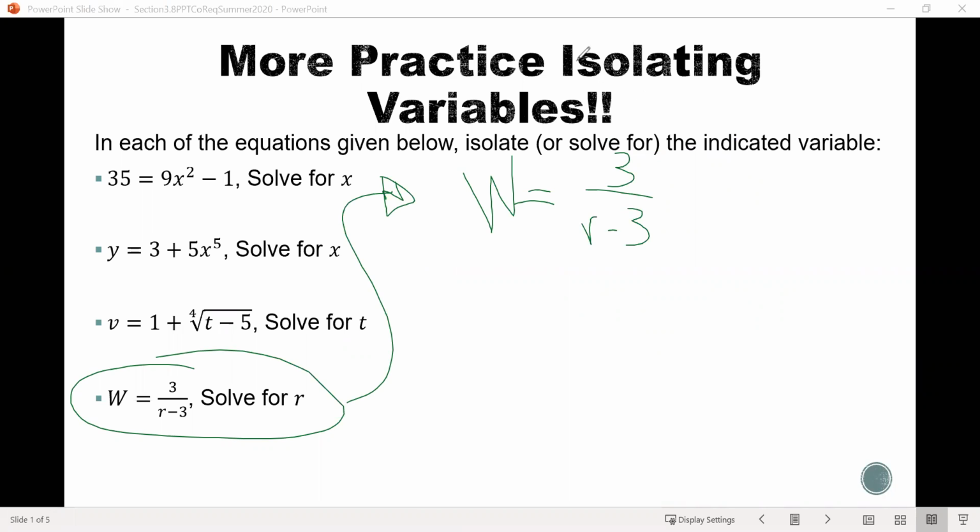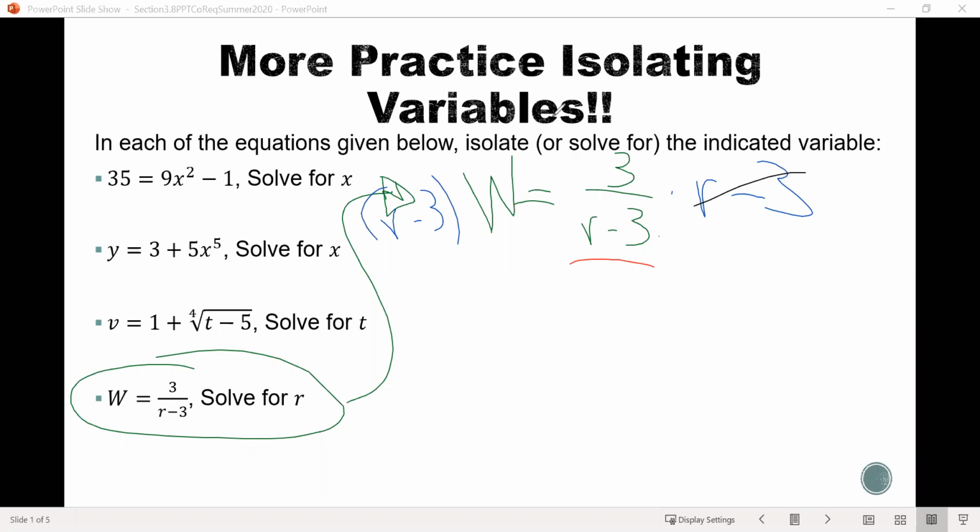Now here, notice that the r, the variable we're solving for, actually appears down here in the denominator, right? So in order to solve for it, we need to get this whole term that's in the denominator here, this r minus 3, out of the denominator. So we'll get that by multiplying by r minus 3 on both sides of the equal sign.